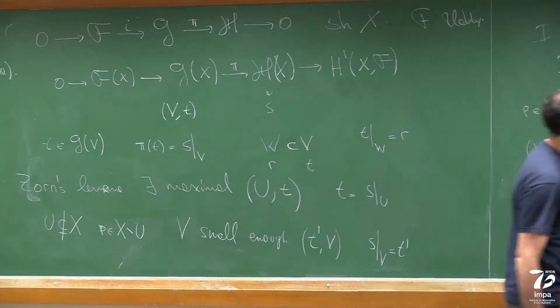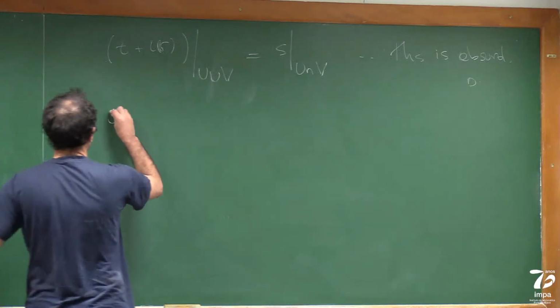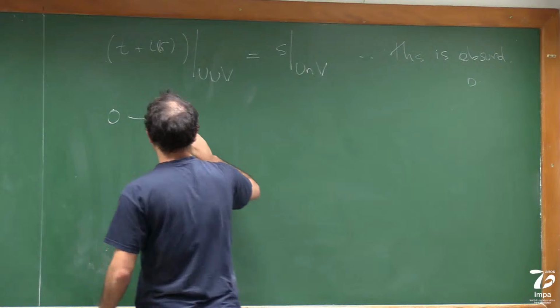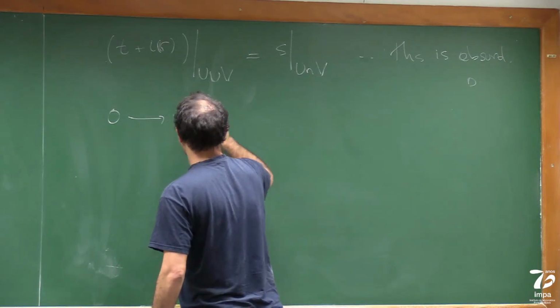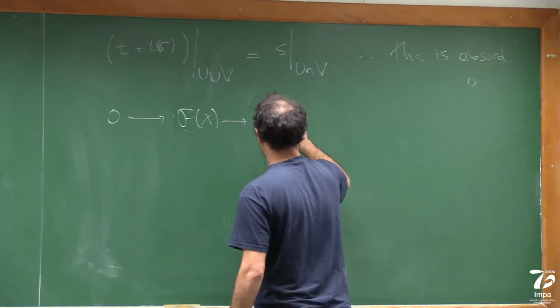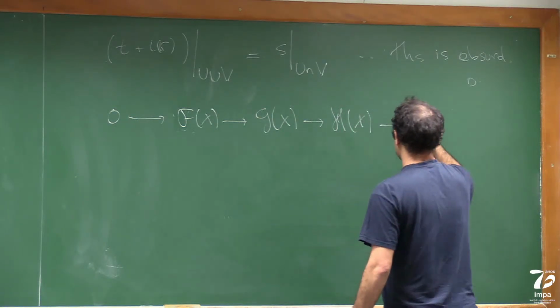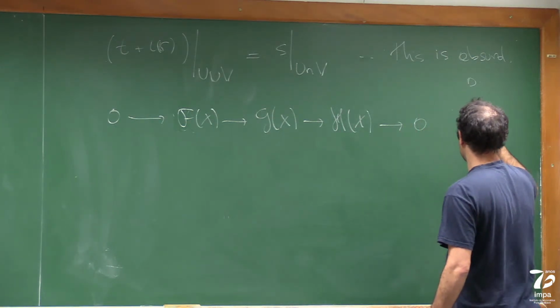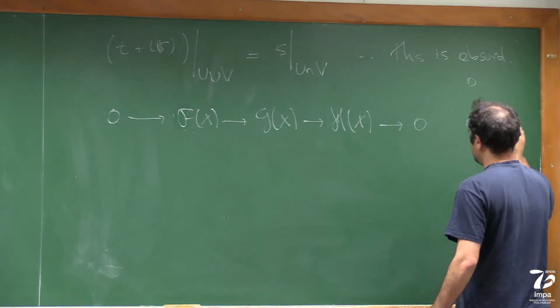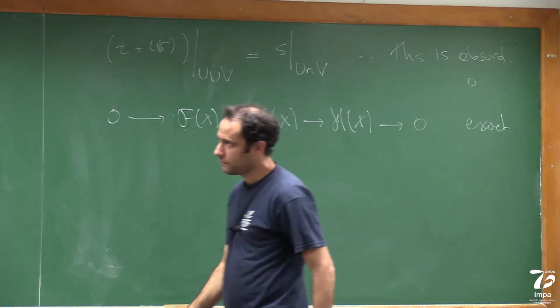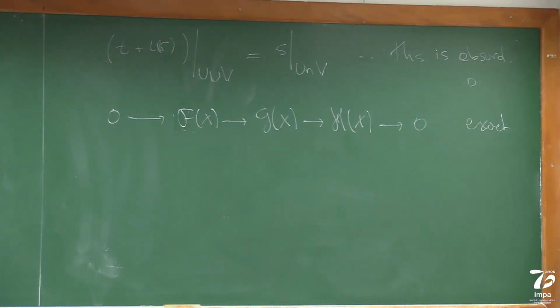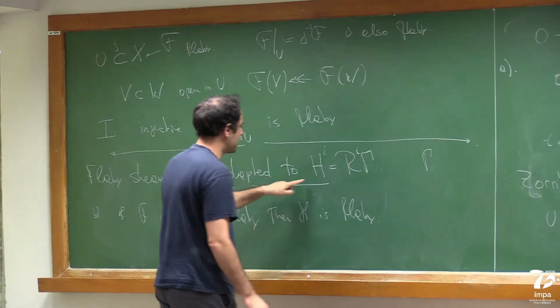So we now know that we have the following sequence exact: F of X to G of X to H of X to 0. I wanted to prove that all the higher homologies are 0.